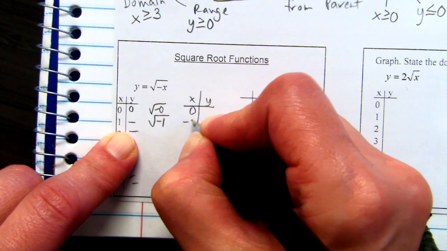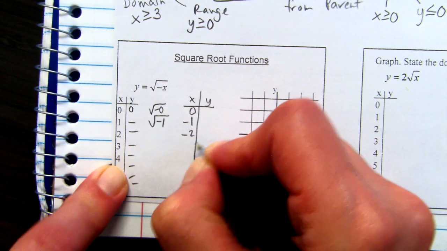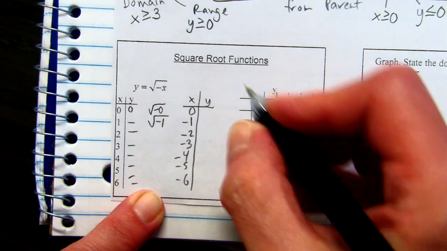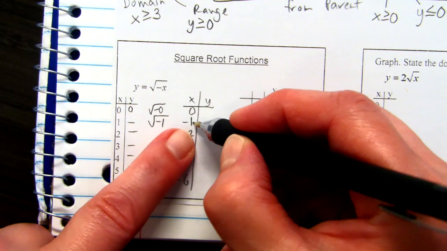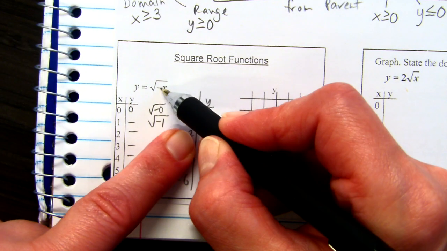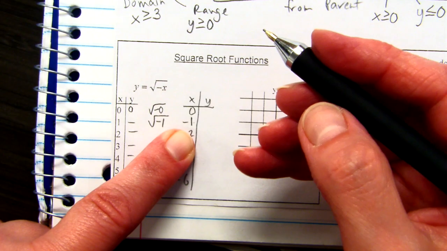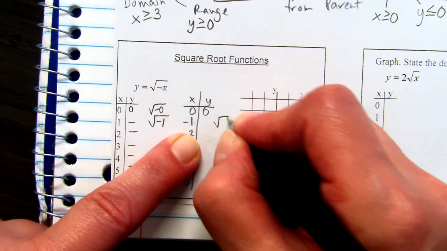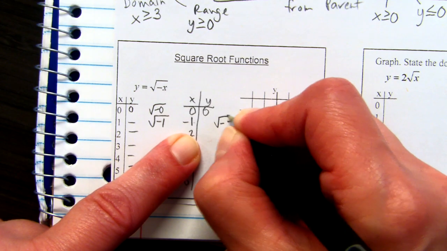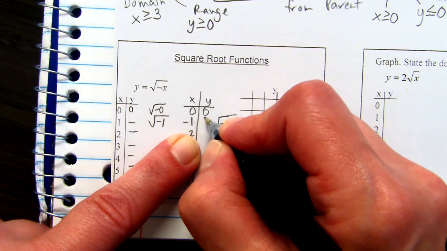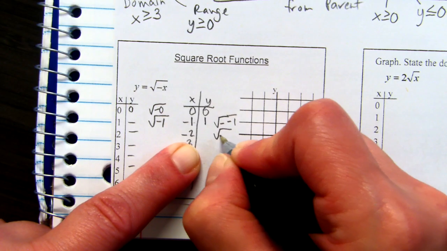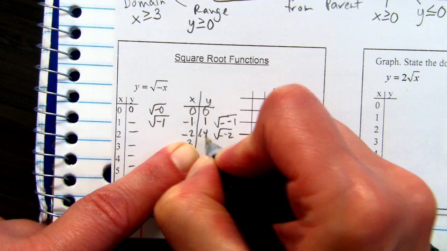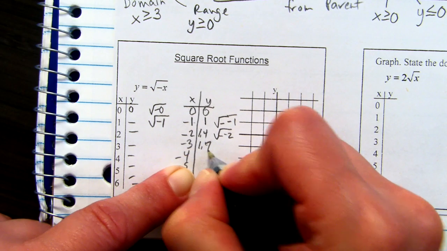So what I'm going to do is change this input to be negative. So I'm 0, negative 1, negative 2, negative 3, negative 4, negative 5, negative 6. Because then that negative will cancel out.